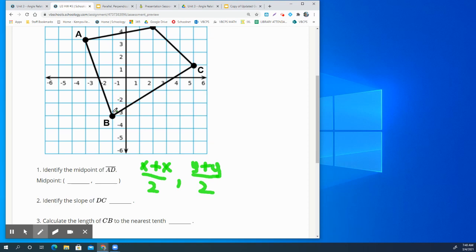So I take my x's, -1 and -3, right? If I add those up, I get -4 divided by 2 is -2. So my midpoint is going to be somewhere in -2. And then I take my y's, that's 3, because it's -3 and +3. So -3 and +3 is going to average to 0.